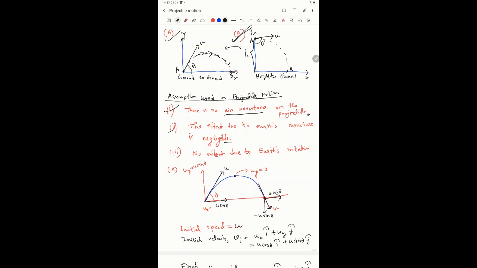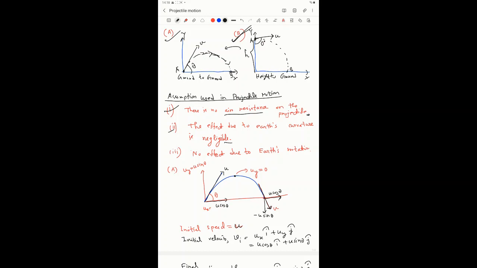Means the Earth's gravitational force changes with height, with altitude, and that is due to the Earth's curvature. In the equatorial region the Earth's radius is different, and in the polar region the Earth's radius is different. So due to this difference of radius, the acceleration due to gravity will be different.